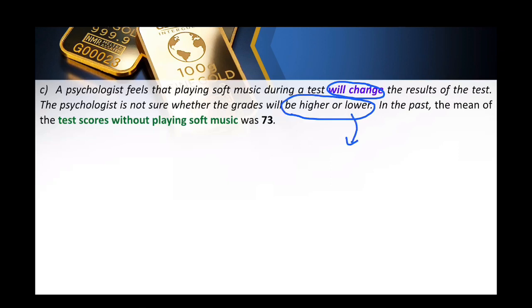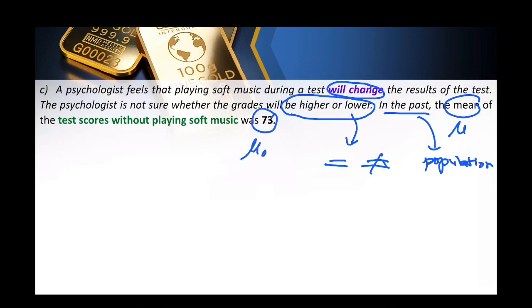So the symbol here is either equal or not equal. In the past refers to the population mean, the notation is mu because of the population. So mu is equal to 73.